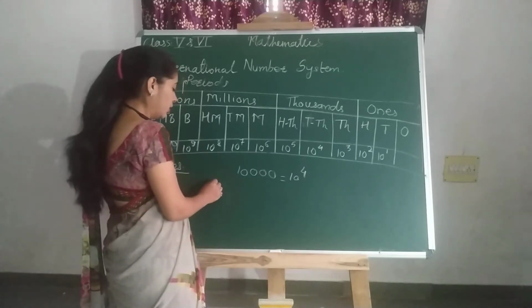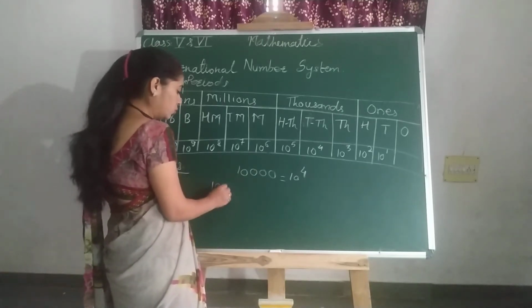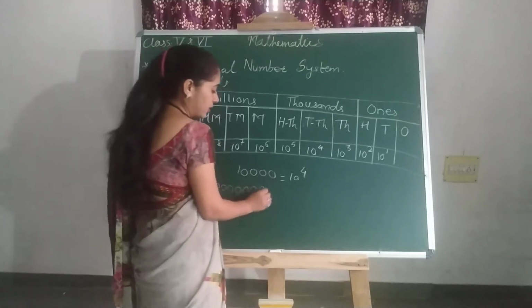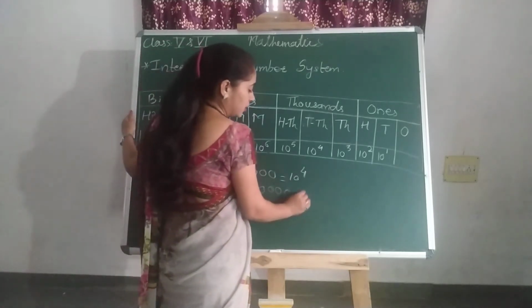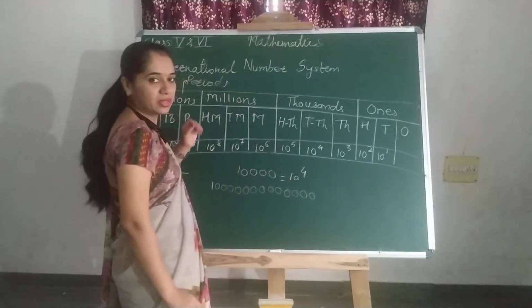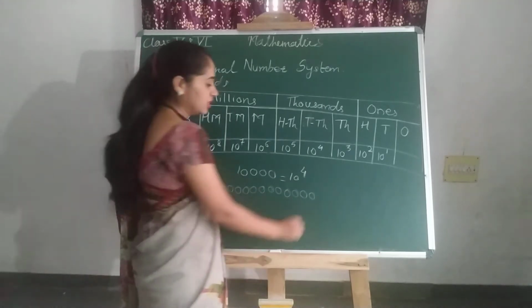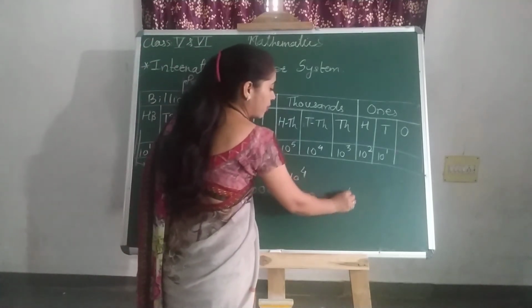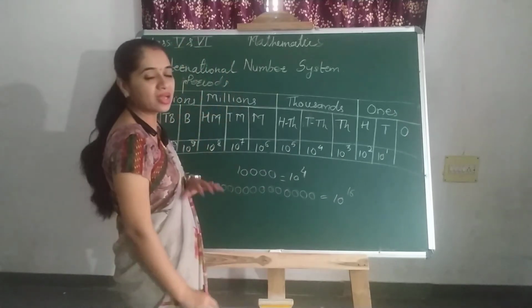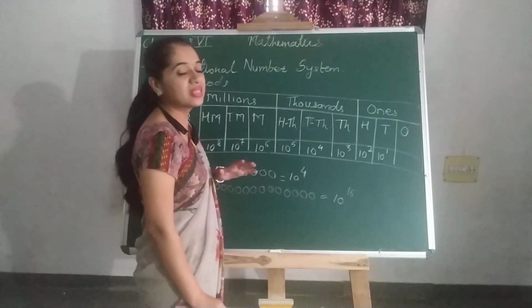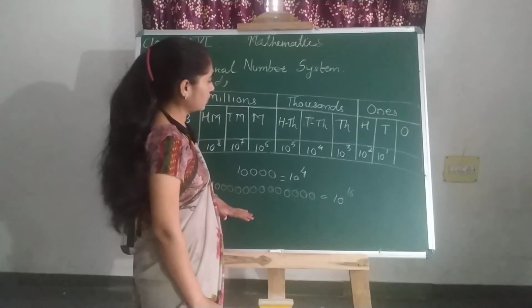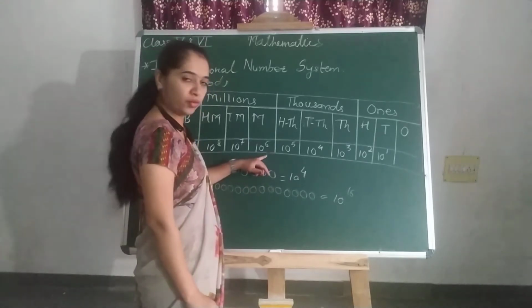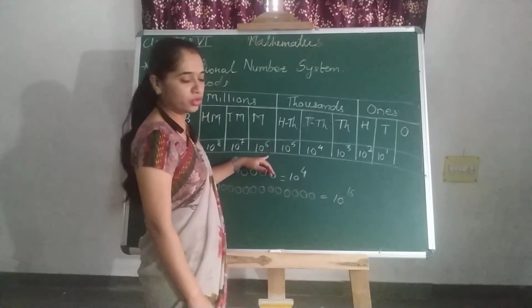For example, if you have a number with 16 zeros, like these numbers, you can simply write 10 raised to the power of 16. Both are the same, both mean the same thing. Class 5th, it may be new for you, but in upcoming classes you are going to learn about it.